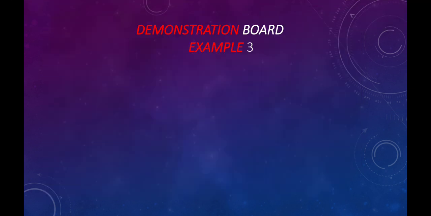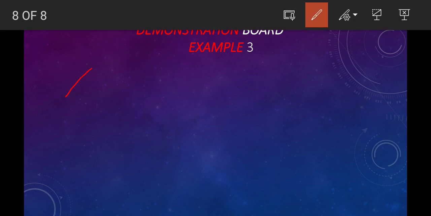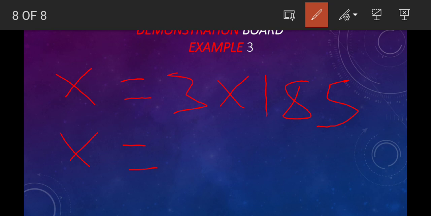We have X to be equal to 3 times 185, which is the value of W. So X is equal to 555. So 555 is the value of X.